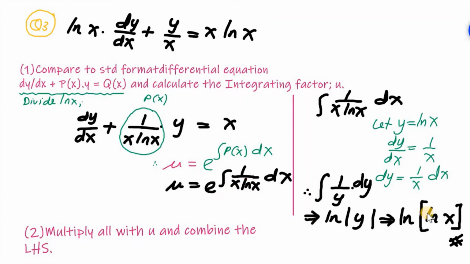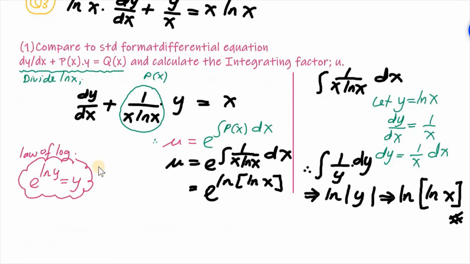As we replace this value, we have solved this integral and we get e power ln of ln x. Simplify this using the law of the log: e power ln y is y. So the integrating factor, as we simplify this, we get ln x.